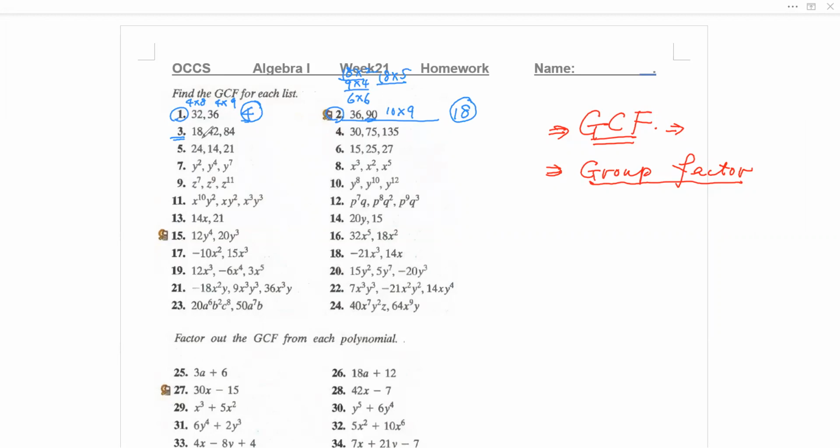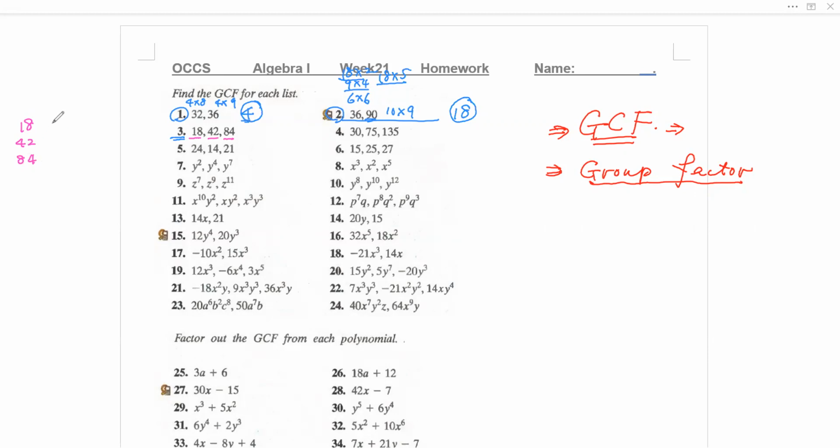Let's see number 3. So 18, 42, 84. So you can see what's the greatest common factor? At least if you only see 42 and 84, you can see 42 is the greatest common factor, right?